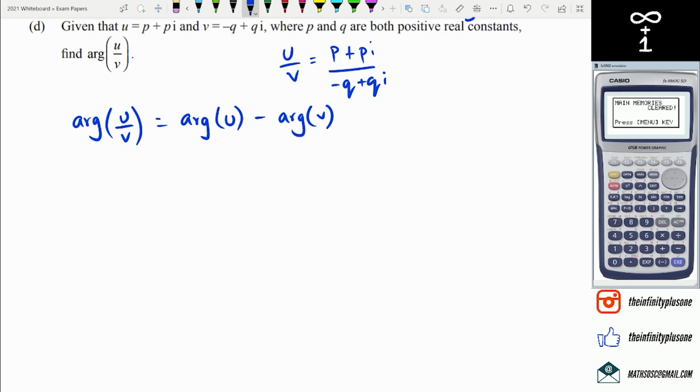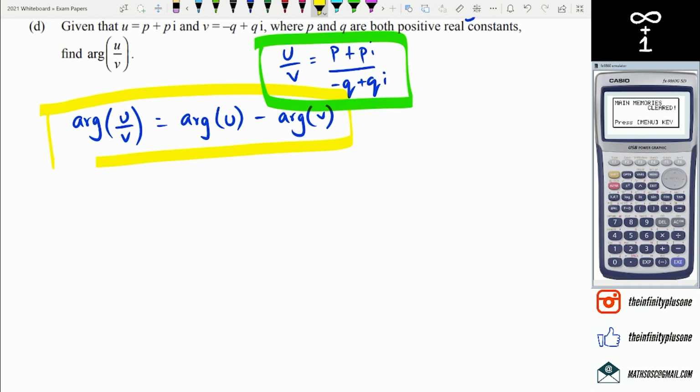So that's pretty much the hint right there. If you were to go with the green box and go in that direction, you're going to end up wasting a good 5, 6, 7 minutes. While with the yellow method here, you're probably going to be done with this question in about 2 minutes.